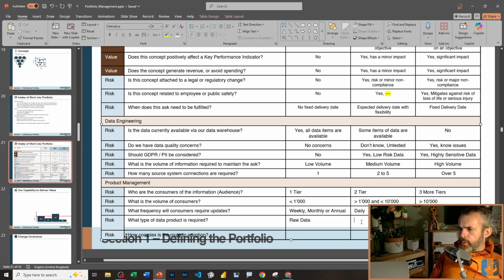Or the in-between is that they want to be able to ask questions of data and do their own analysis.